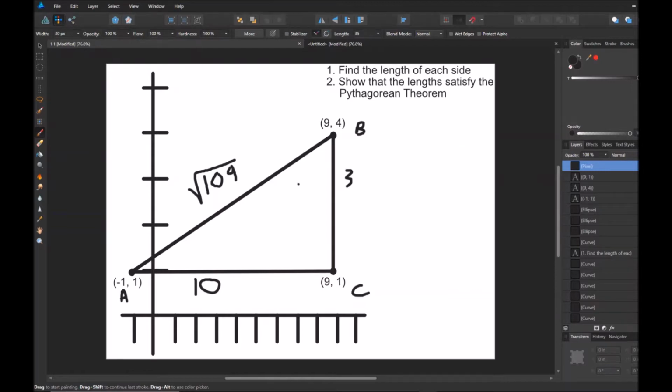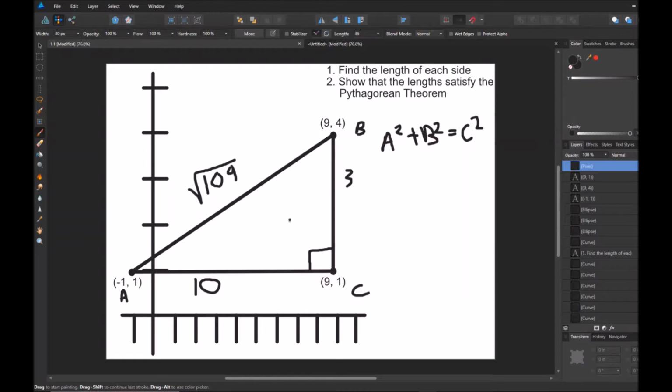And then in order to prove that these side lengths satisfy the Pythagorean theorem, we have to prove that a squared plus b squared equals c squared, where c is the longest side length on the triangle, which is called the hypotenuse of the right triangle.